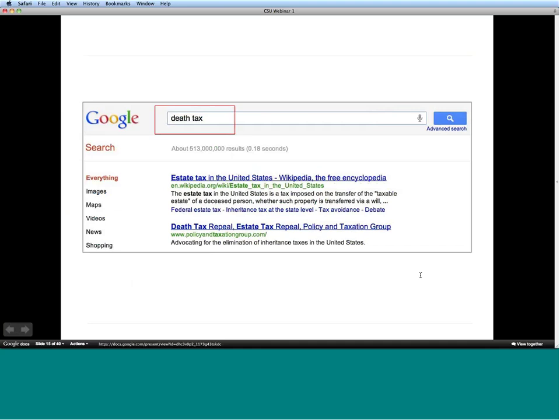If I do a search for death tax, which is one way to talk about a concept but has a very strong implication behind it for the type of information you'd find, generally, pages talking about a death tax have a particular political bent. But what I discovered is we're actually synonymizing estate tax. So if you do a search for one, you will get both, at least in this direction.